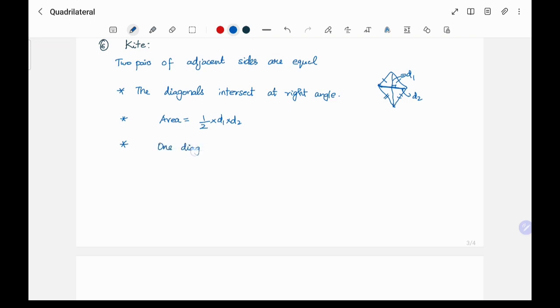One diagonal divides the kite into two isosceles triangles. And this diagonal is nothing but the shortest diagonal.